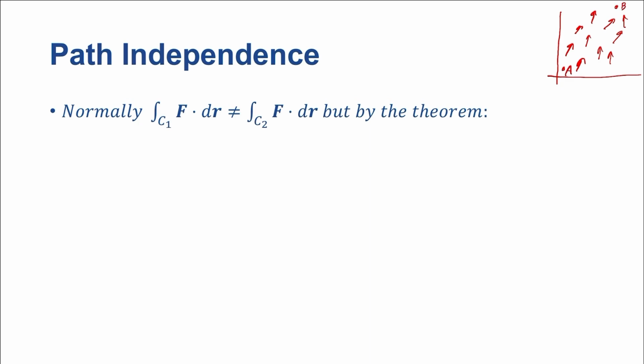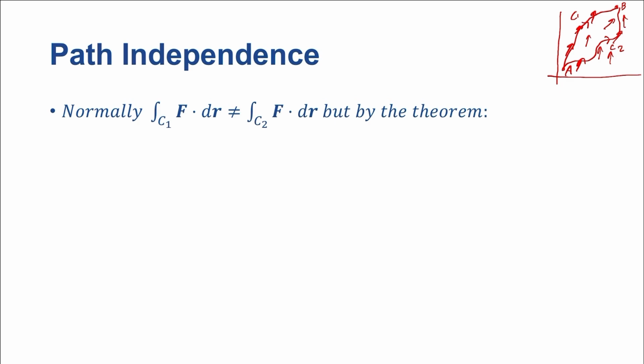Normally, if I take the integral over a path like this, that's C1, the work done will be different than if I take the integral over a path like this, C2. They both start at the same place and end at the same place, but because they're different paths, the work will be different.